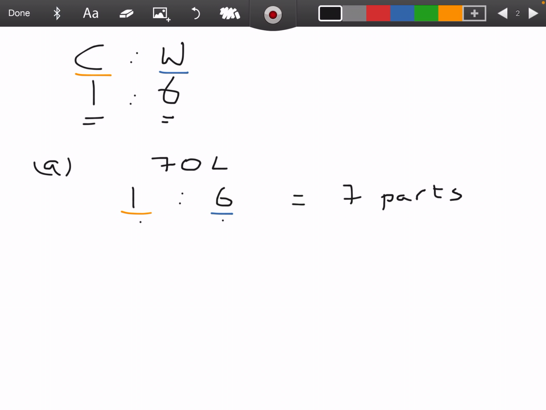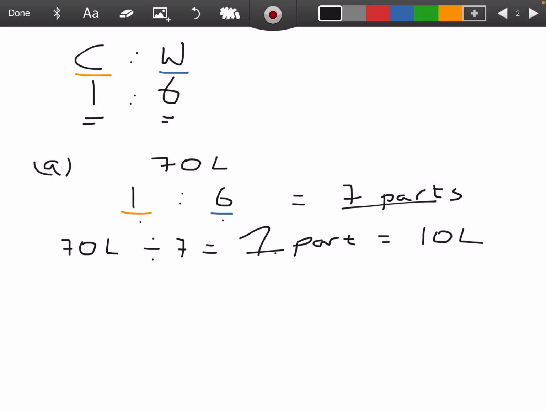I'm swapping between the two of those. Now I know that there's 70 litres and it's split into these 7 parts. So if I divide by 7, I'll figure out what 1 part is, and that is 10 litres. So 1 part is 10 litres.